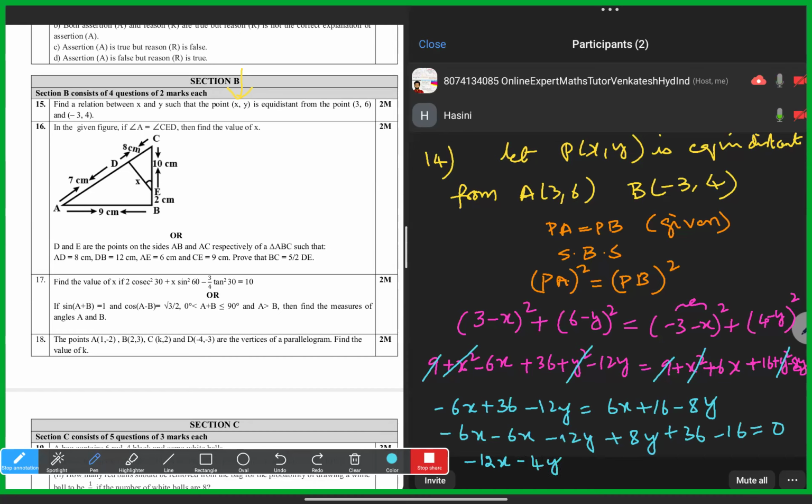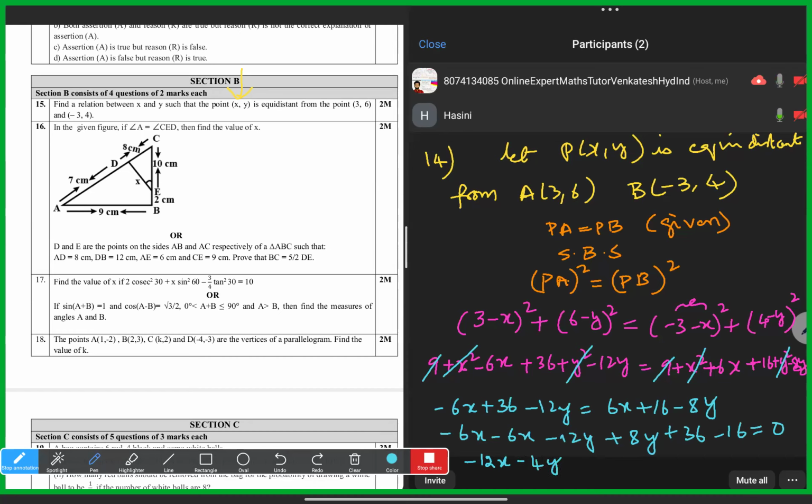Now minus 4 will go to the other side, 0 by minus 4 will become 0. So what is the leftover answer? Finally, 3x plus y minus 5 is equal to 0.